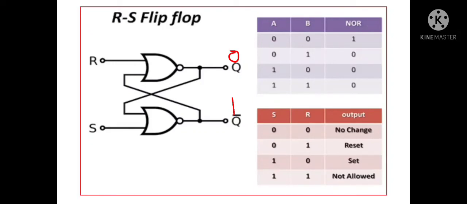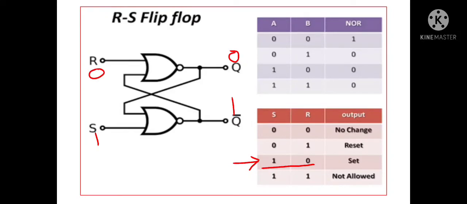Now from this state, if we want to set the flip-flop, that means we have to make the main output 1. So for this, we have to connect the input conditions like this. Here, the set input should be connected to 1, and the reset input should be connected to 0.